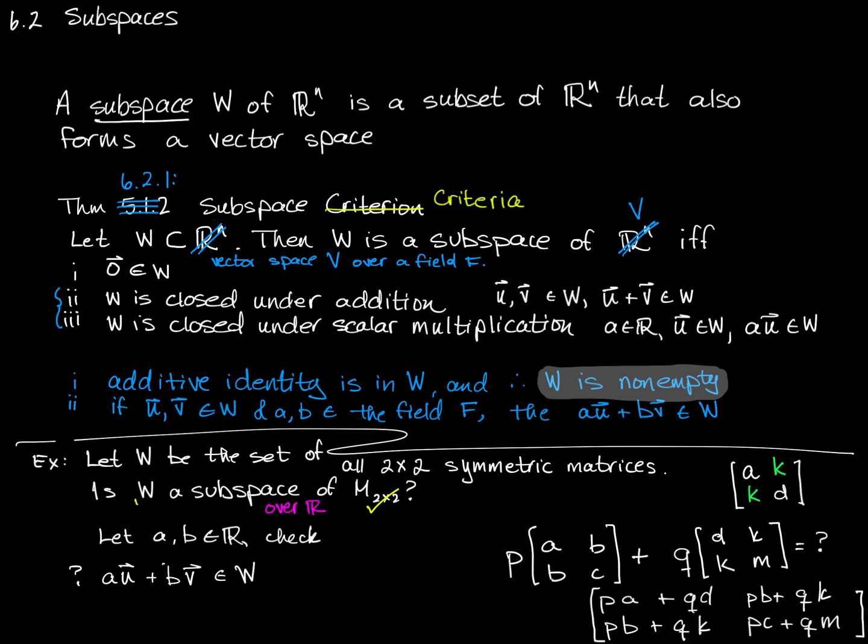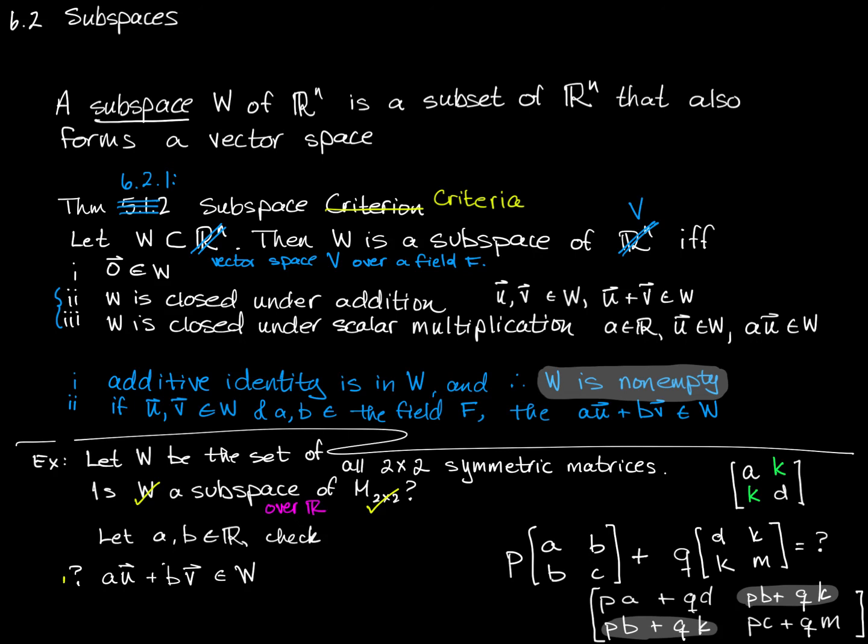It also belongs in W, because these two entries, this one right here, let me highlight these. It's a little harder to see. These two entries here are the same, right? They're made up of the same sum and product of real numbers. They're going to result in the same numbers. So they're also in W, and I've checked both scalar multiplication and addition at the same time.